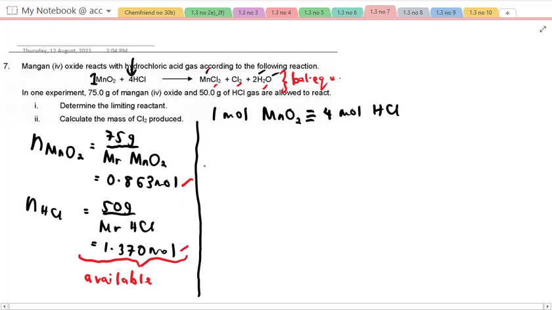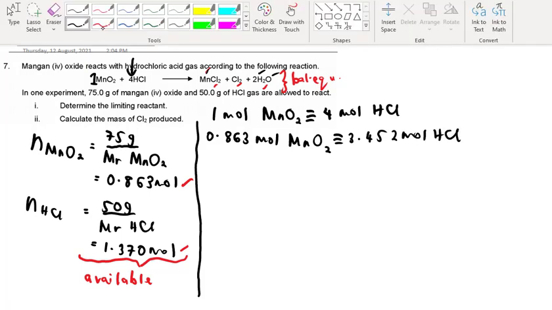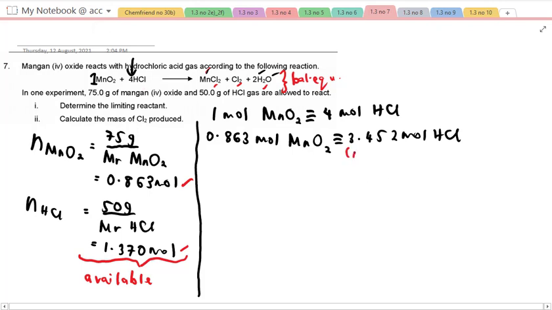Since we have 0.863 mole of MnO2 provided or available, this will be equivalent with how many mole of HCl? It is 3.452 mole of HCl needed. What mole is that? Mole needed. This is mole needed. How to solve this proportion?